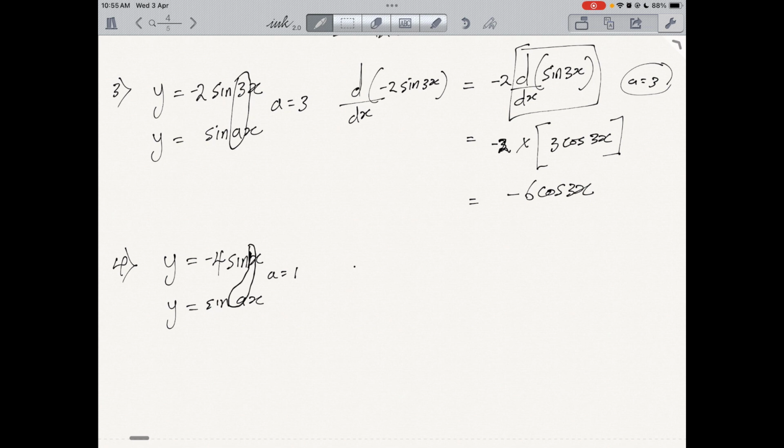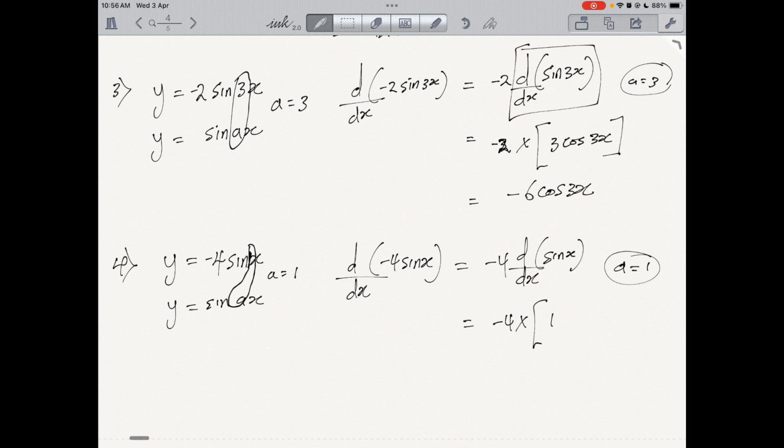So differentiating with respect to x, of minus 4 sine x or sine 1x, is equal to minus 4 d/dx of sine x. Now in this case our a is equals to 1. That is minus 4 multiplied by 1 cos 1x. That's minus 4 multiplied by cos x, and that gives us minus 4 cos x.